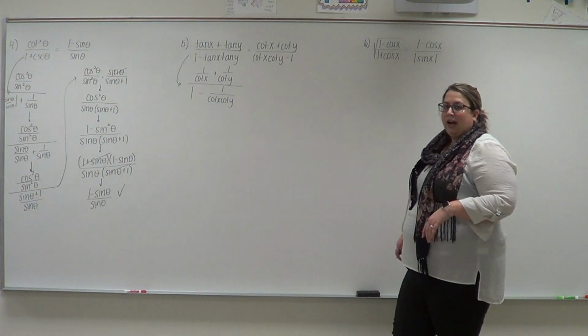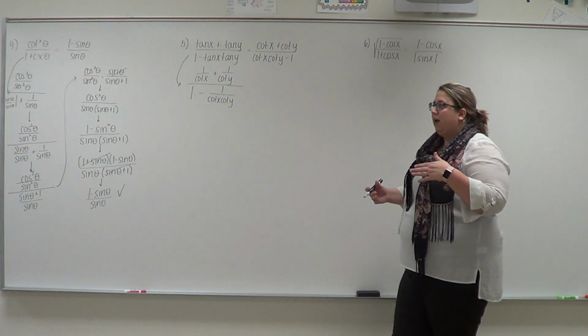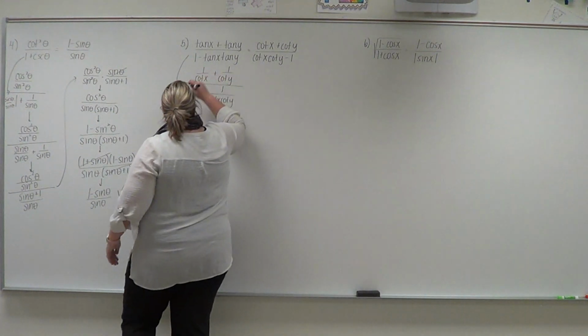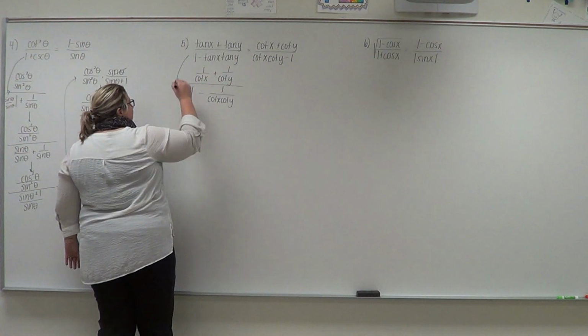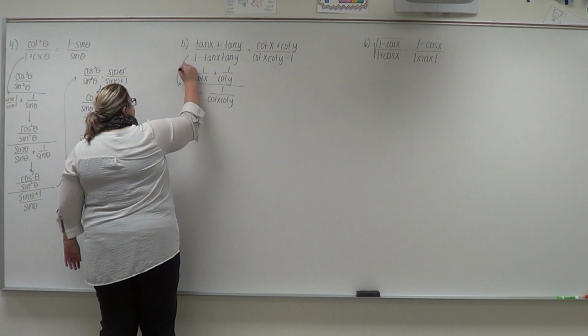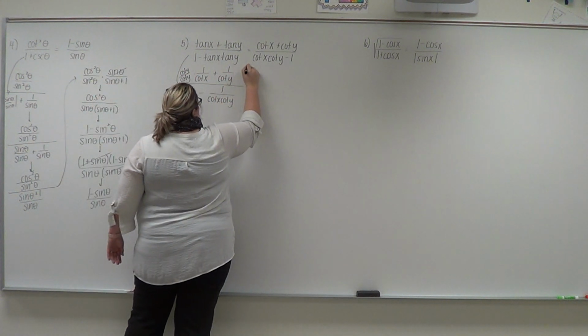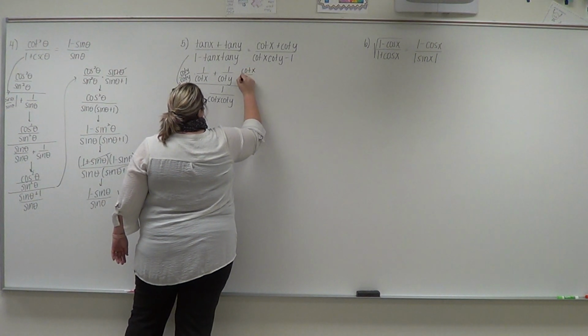Okay, I have fractions. In order to combine those, they have to have a common denominator. So this fraction on top, I just do top and bottom separately, this one you're going to have to multiply by cotangent y, and this one you're going to have to multiply by cotangent x.